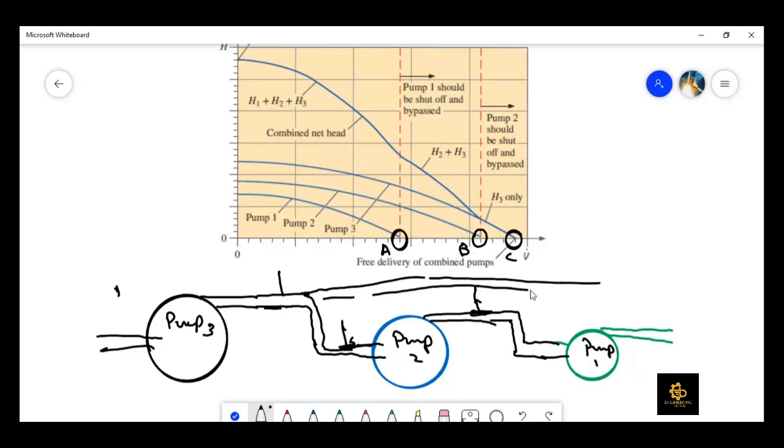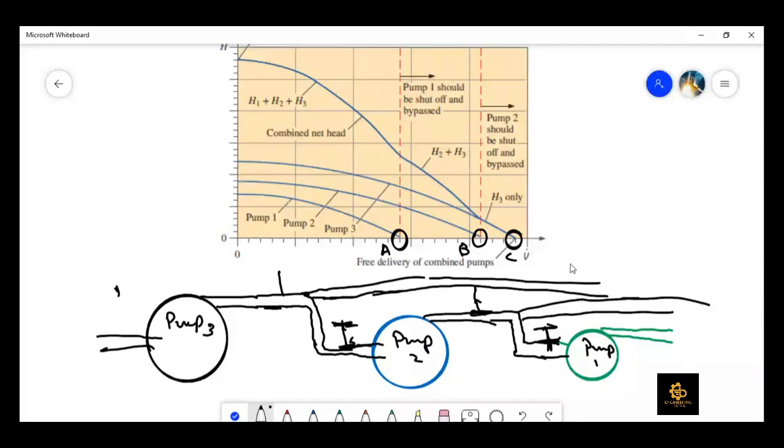Because if we operate between points B and C and take the fluid through pump 2 and pump 1, they would add more losses because they are working beyond their free delivery point. That is what we need to make sure does not happen. So a valve is installed here to cut off the flow through these pumps, and all of the fluid would go straight out of the system.